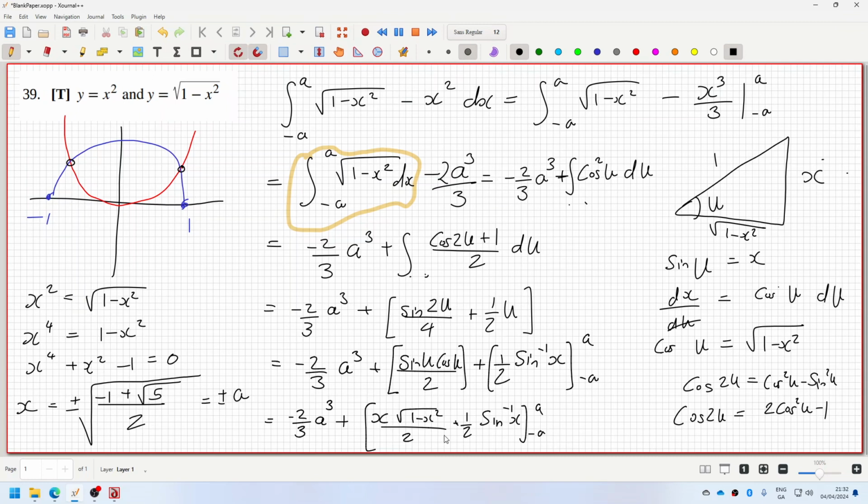That's an odd function. So what I can do is just say it's 2 of these with the a put in. Because if you think about it, if you have an odd function like f of k minus f of minus k, if it's odd, the minus comes out and makes a plus, so you get just twice the value. So it would just be 2 of these where x has been replaced by a.